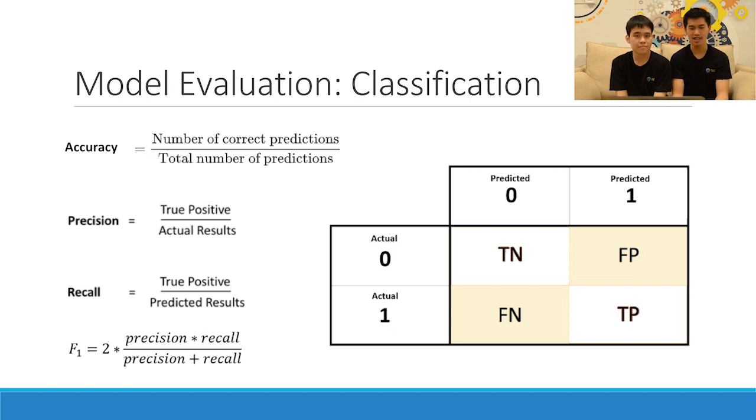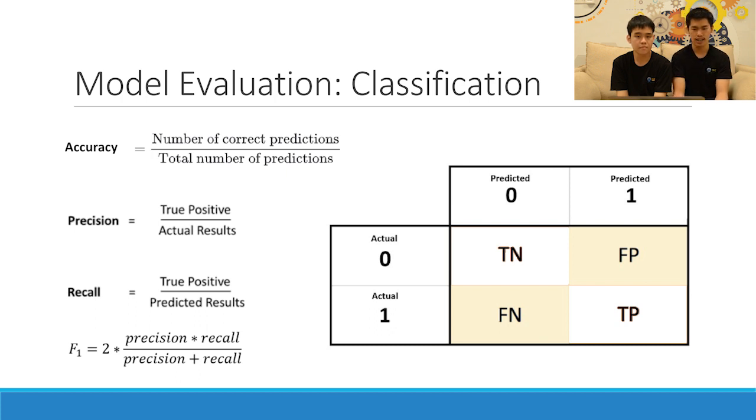So we need to consider the recall so that it has a low false negative value, or a high true positive proportion. That's why the recall formula is true positive divided by the actual positives, or true positive plus false negative.